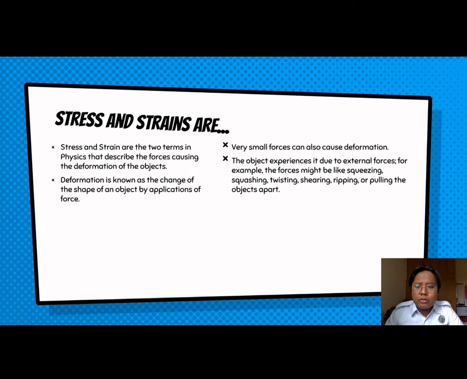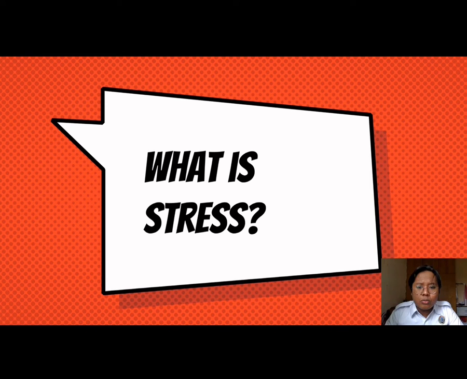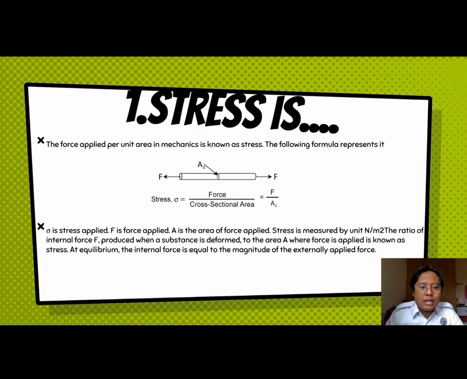Okay, now we go to what is stress. Stress is the force applied per unit area, which in mechanics is known as stress. The following formula represents it. As you can see, the formula for stress is sigma equal to force per cross-sectional area.